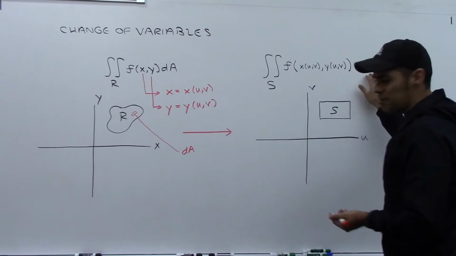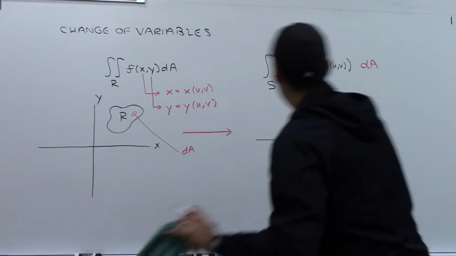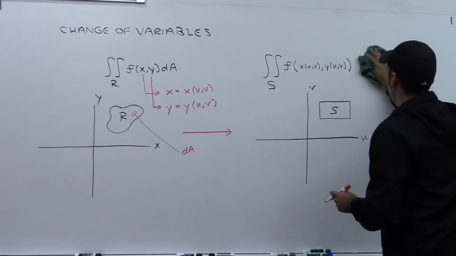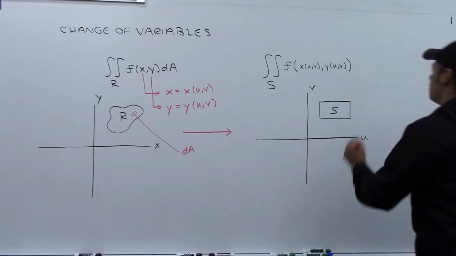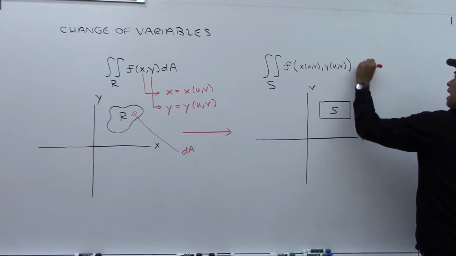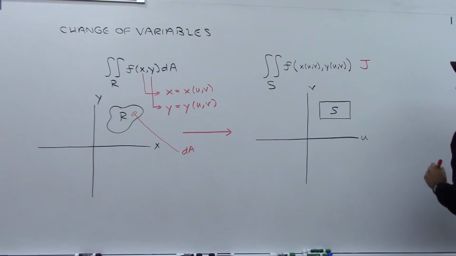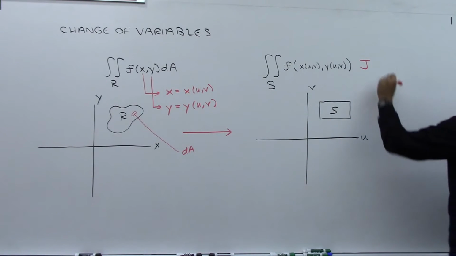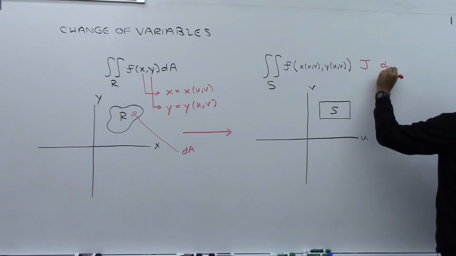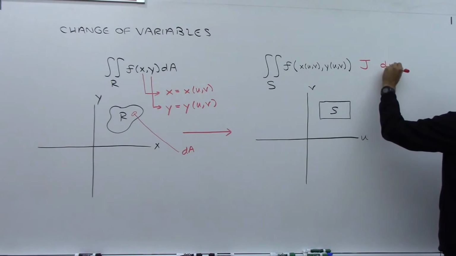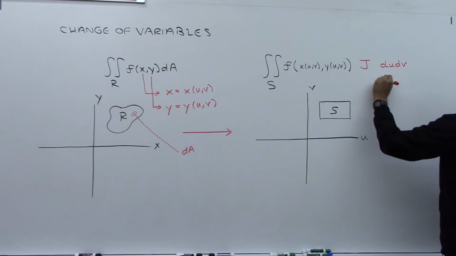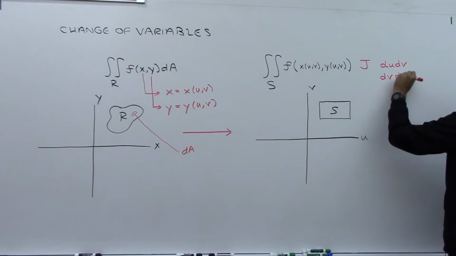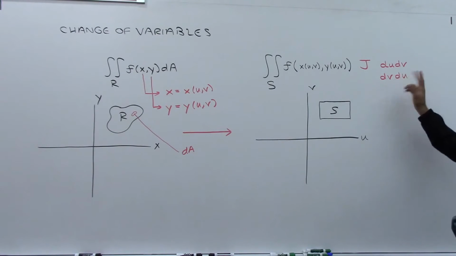And what it turns into over here is going to be what's called the Jacobian. So I'm just going to put a capital J here to represent the Jacobian. And then we'll have, with respect to the two variables u, v, or depending on what the region looks like, you could have those integration variables switch places.